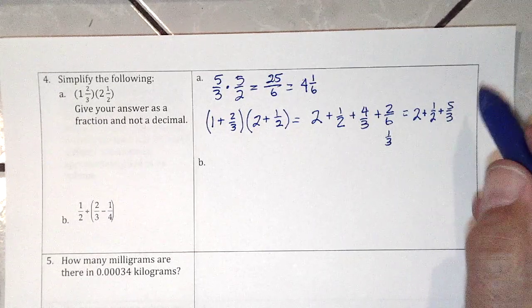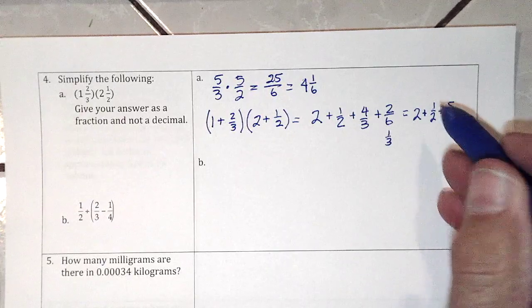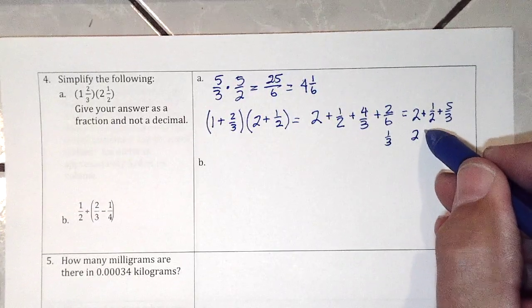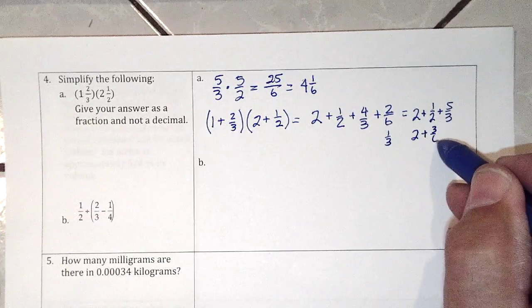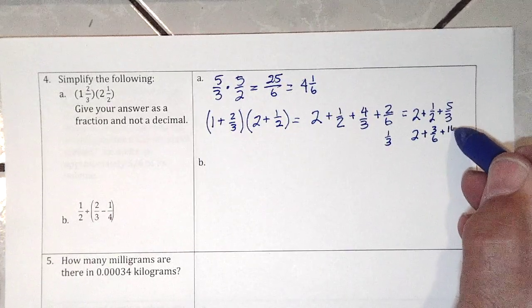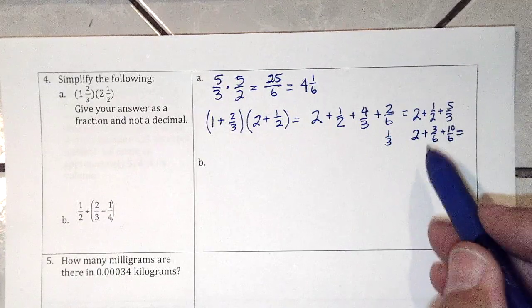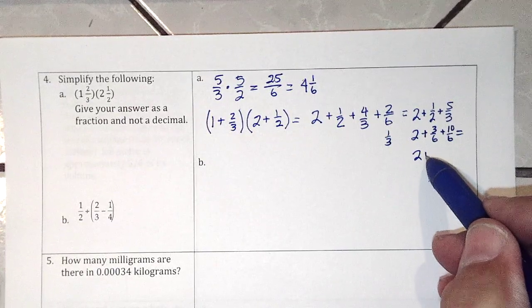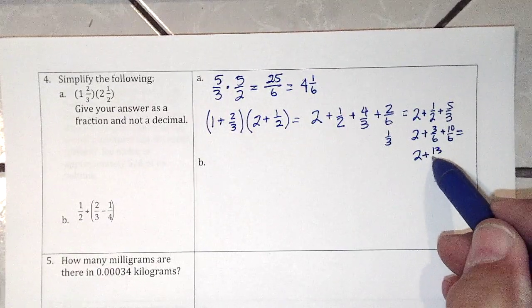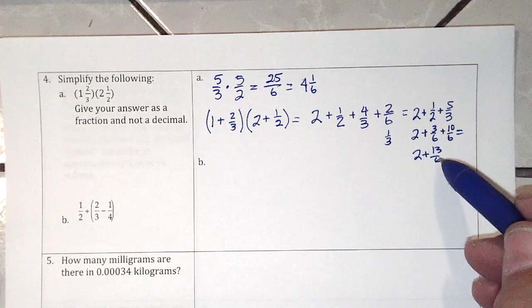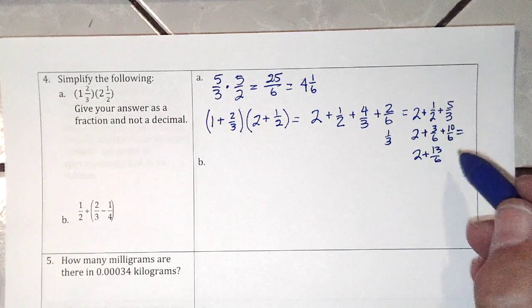We could do it that way, or we can change these to common denominator 6. 2 plus 3/6 plus 10/6, which is 2 plus 13/6. And 6 goes in there twice.